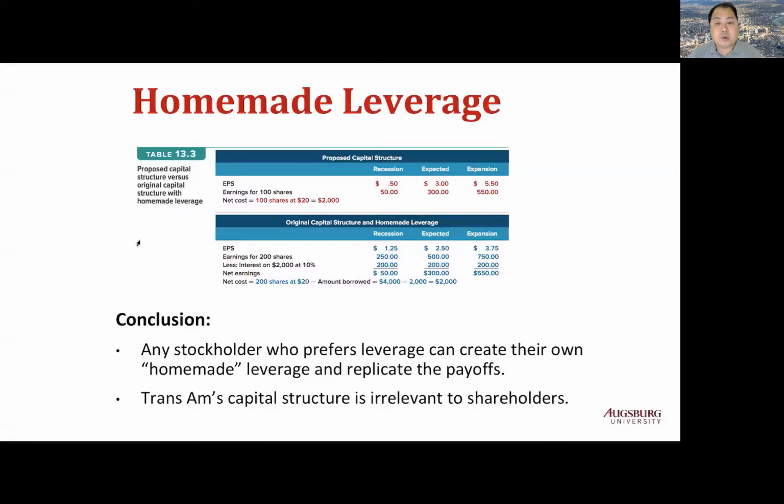Suppose an investor wants to increase the risk to the level of the proposed capital structure in our previous example. Even though the firm may choose not to change its leverage, the investor can borrow a $2,000 personal loan and invest. Then since the investor should pay interest, the earnings will change to the same level of the company with capital restructuring, as shown in the table.